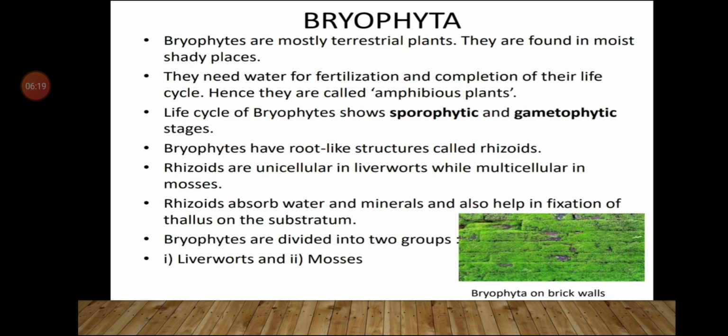Their life cycle shows sporophytic and gametophytic generations. They have root-like structures called rhizoids, unicellular in liverworts and multicellular in mosses, which absorb water and minerals and help in fixation of the thallus on the substratum.